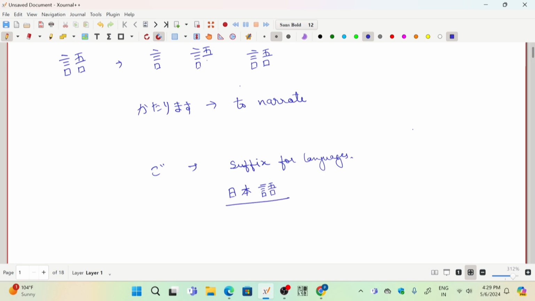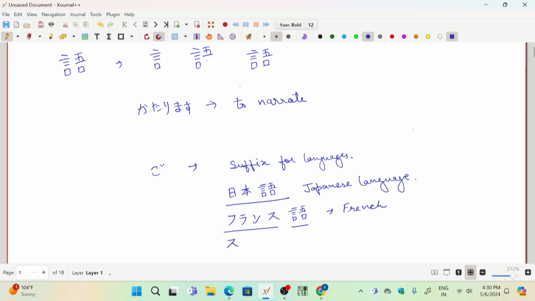So this will be Japanese language. If we want to say French language, it will be Furansugo. So with country name plus go is the language of that country.